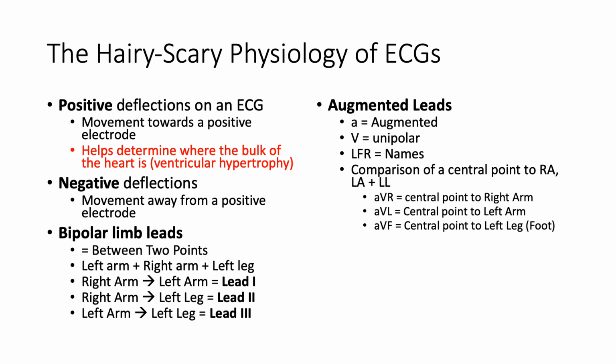So in left ventricular hypertrophies, you can see a massive peak, and that's because there is so much tissue there that all of the ions in a depolarization are moving, so there's just heaps of it moving towards an electrode, and that's why it's so positive.